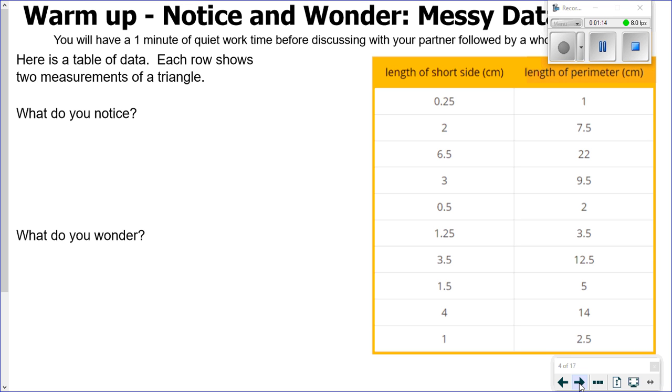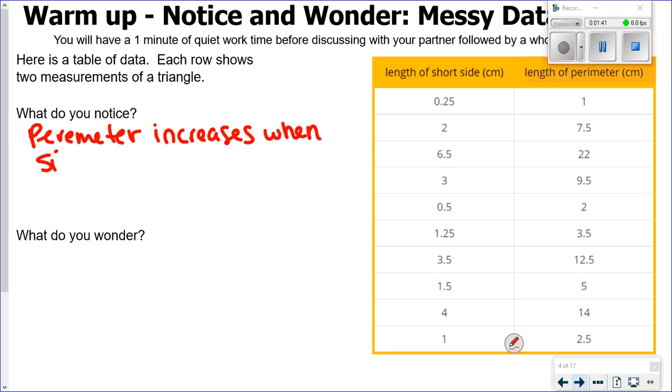So some things that I noticed when analyzing this data, or kind of digging in a little deeper with the data, was that it appeared to me that the perimeter increases when the short side length increases.